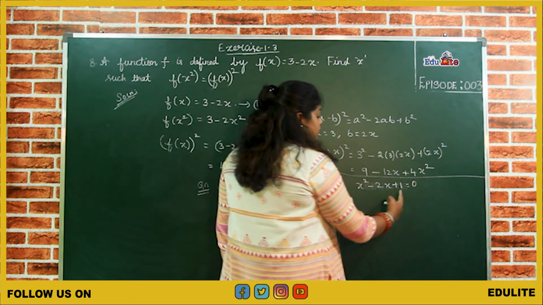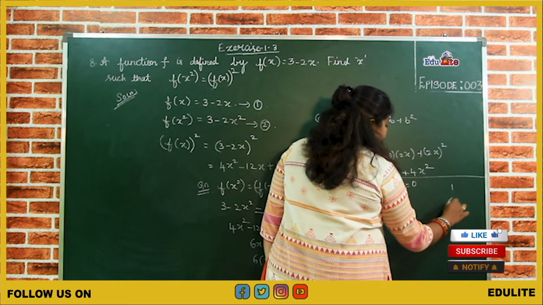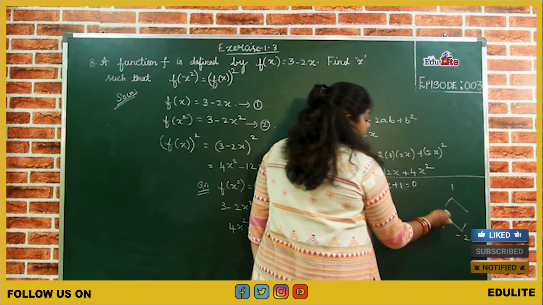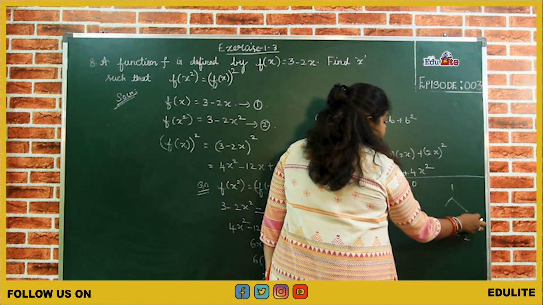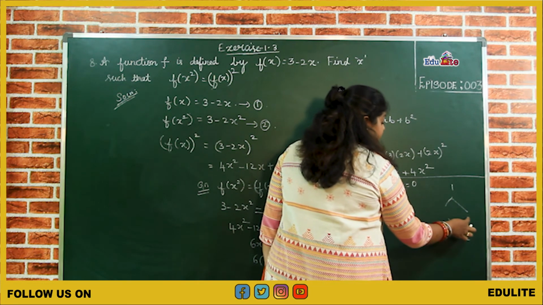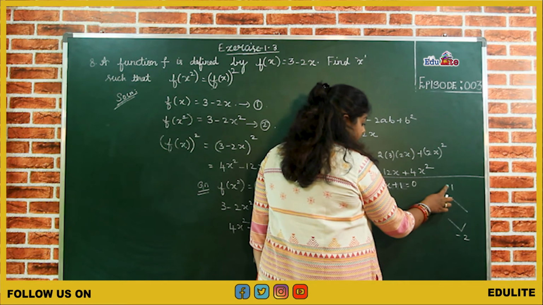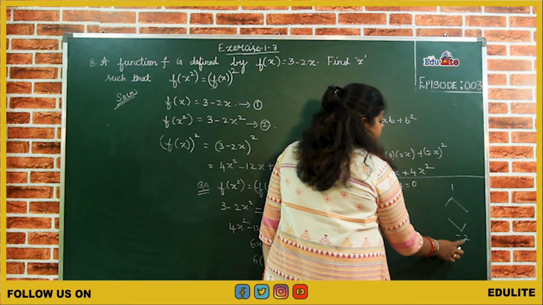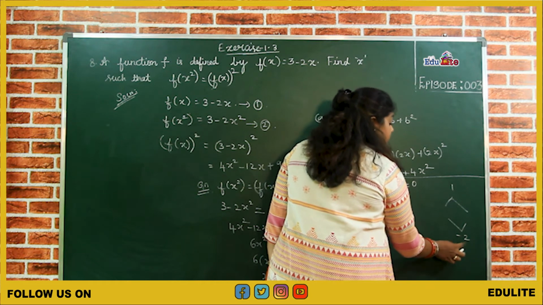Now we will take this constant 1 and this minus 2. I should choose two factors such that if I multiply them, I get 1, and if I add them, I get minus 2.